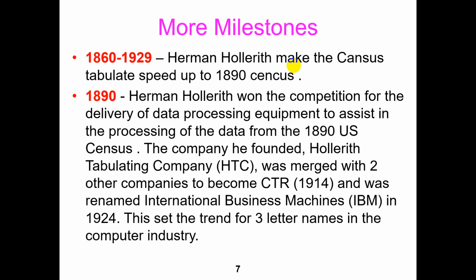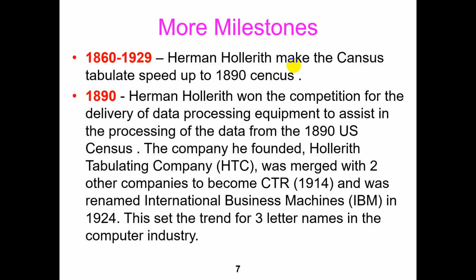More milestones. Between 1860 and 1929, Herman Hollerith made the Kansas tabulator. In 1890, Herman Hollerith won the competition for the delivery of data processing equipment to assist in the processing of data from the 1890 US census.